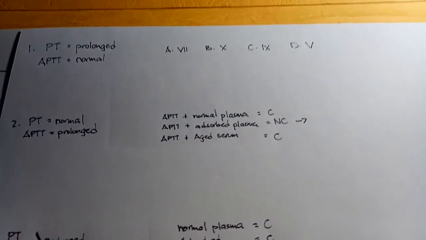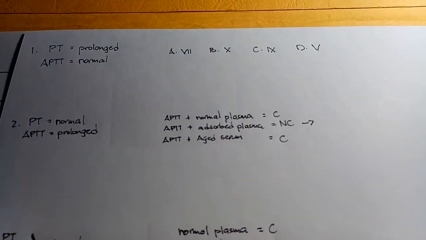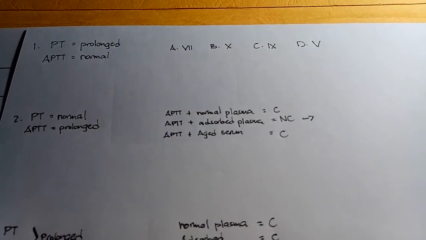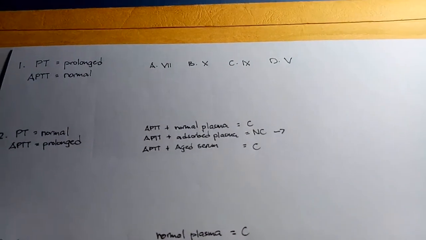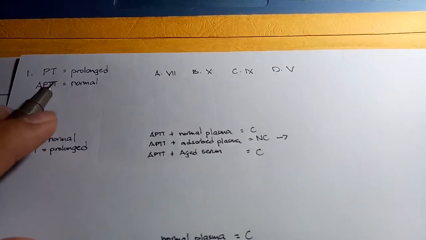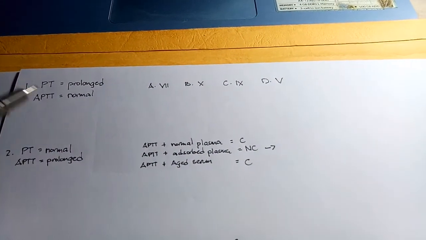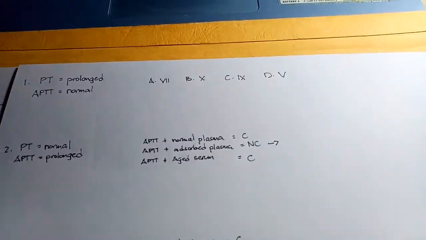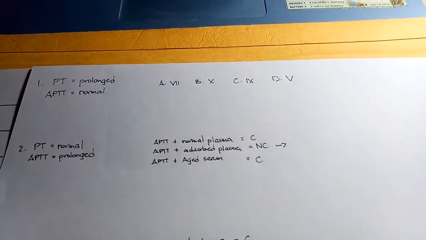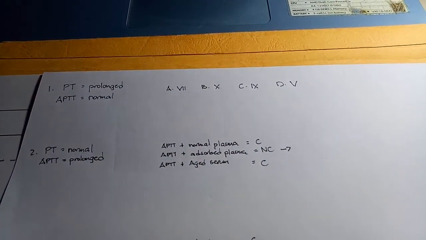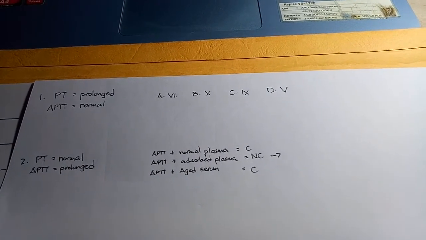Okay, so number 1. Number 1, your PT is prolonged and APTT is normal. So, analyze natin ng konti. PT prolong, APTT normal. So, dahil hindi naman sila parehas na prolong, meaning yung missing factor natin wala sa common pathway. Okay?